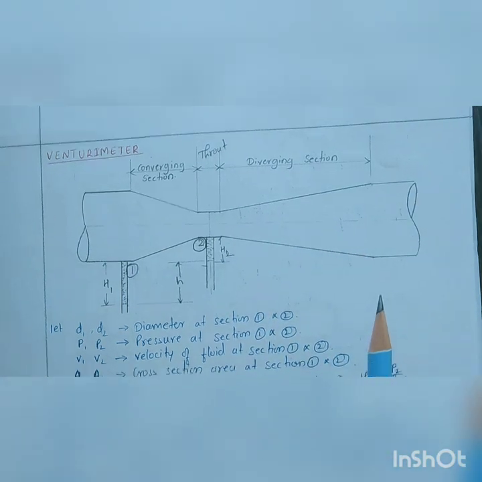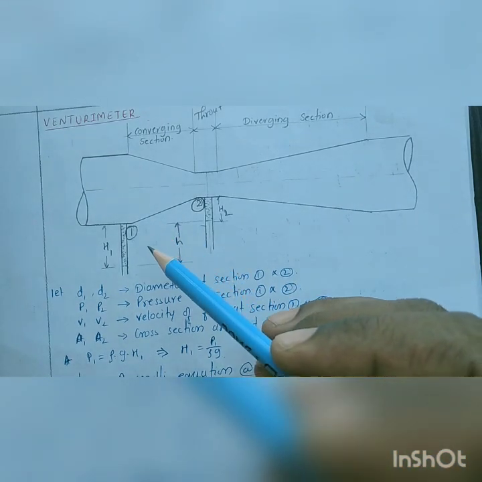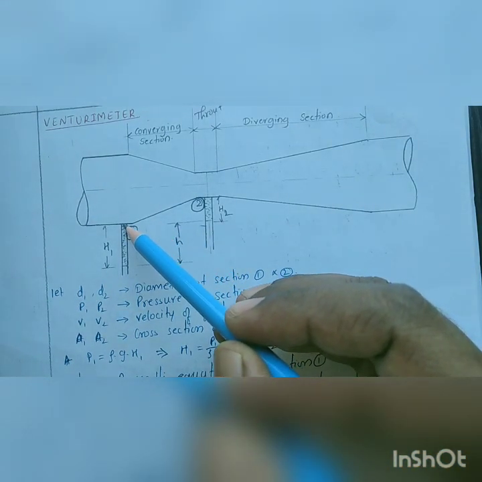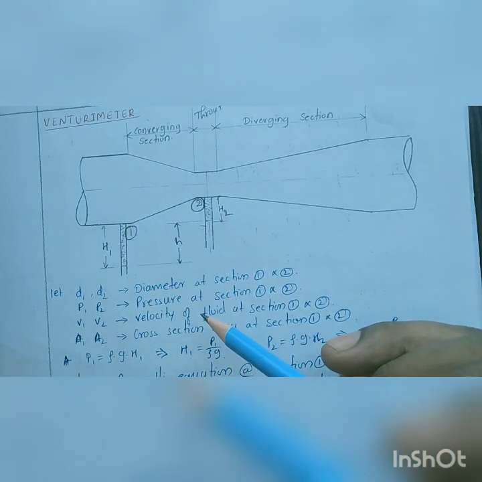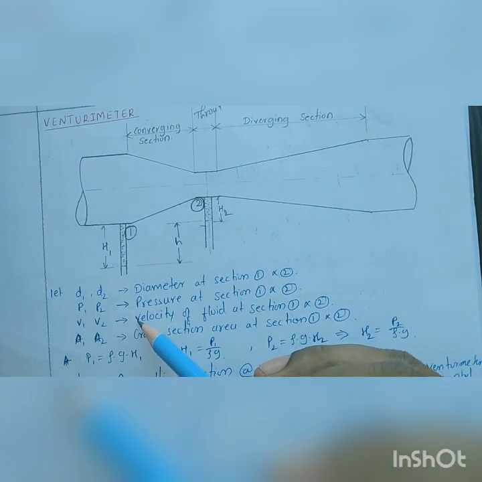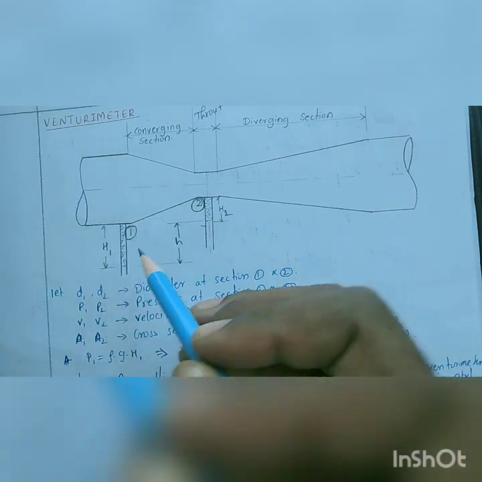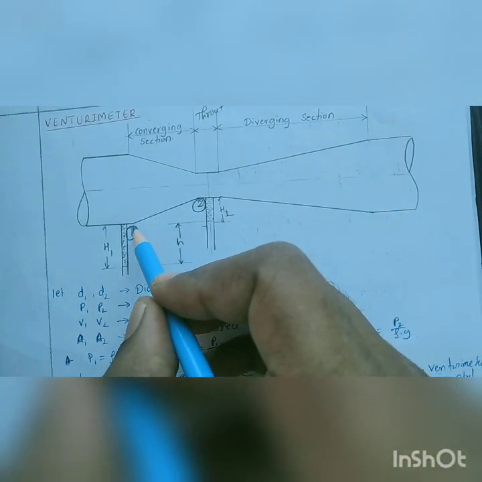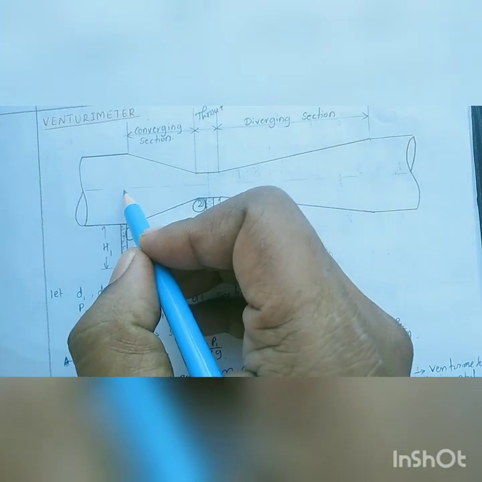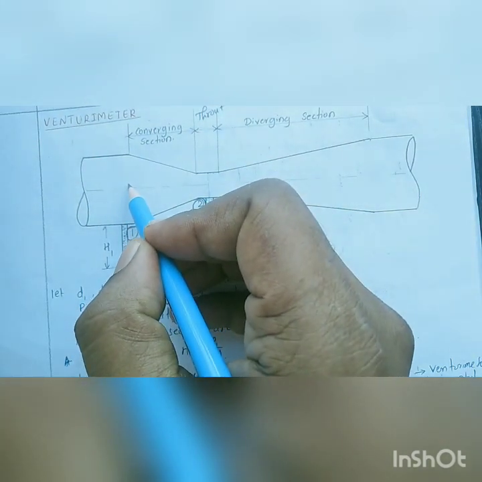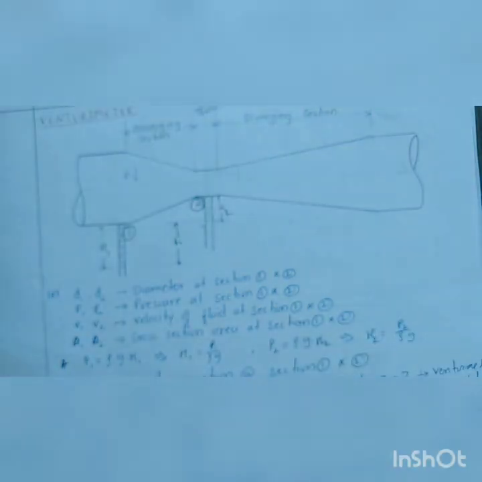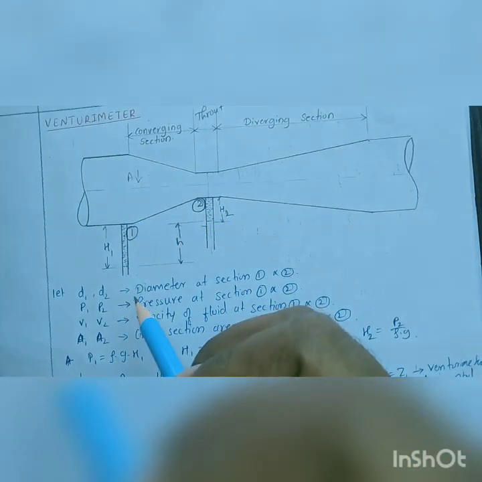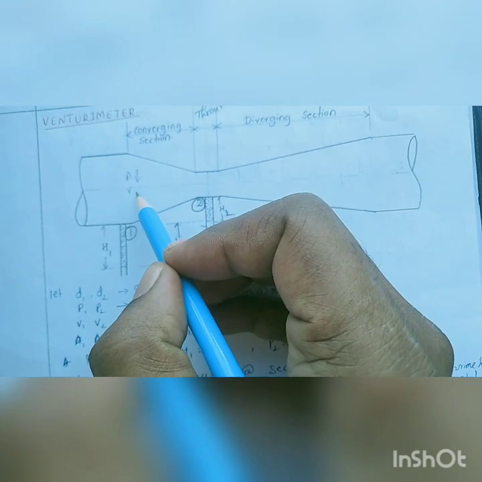Okay, so here we have H1, connected to a U-tube manometer or a differential manometer. Here you go on seeing the area goes on decreasing. As the area decreases, what will happen to the velocity?